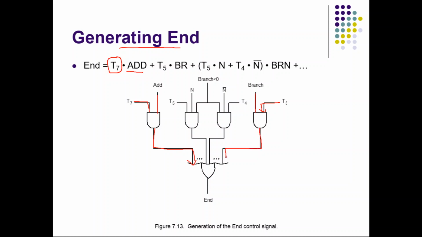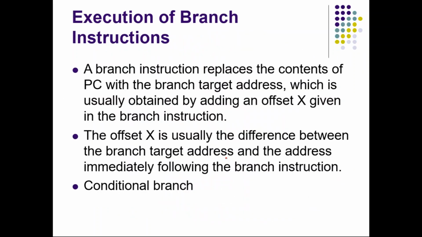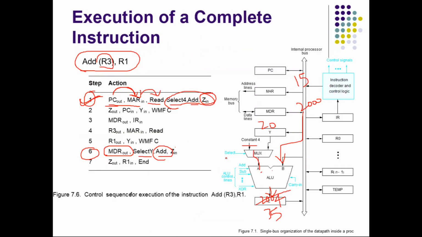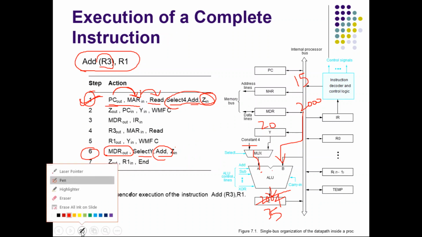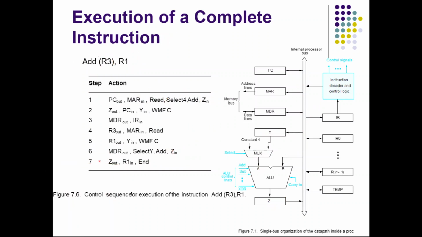What does that mean, you may ask? It is taken from the previous examples. In the first example, at time 7 we are ending, but just before time 7, we performed an add operation.